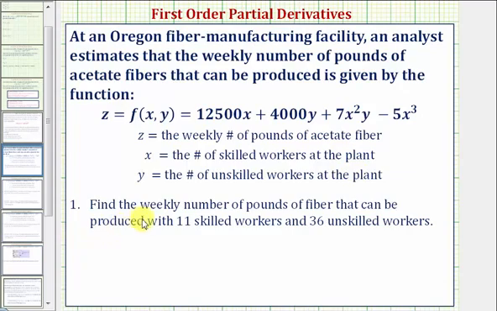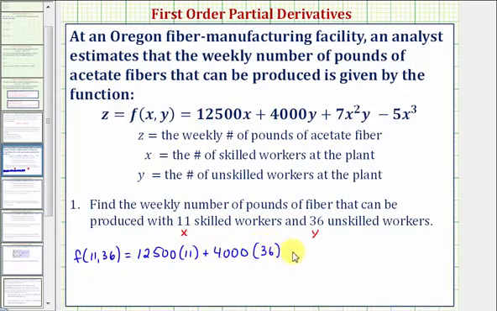The first question asks us to find the weekly number of pounds of fiber that can be produced with 11 skilled workers and 36 unskilled workers. So for this question, we want to evaluate the given function when x equals 11 and y equals 36. So we'd have f of 11 comma 36 equals 12,500 times 11 plus 4,000 times 36 plus 7 times 11 squared times 36 minus 5 times 11 cubed.